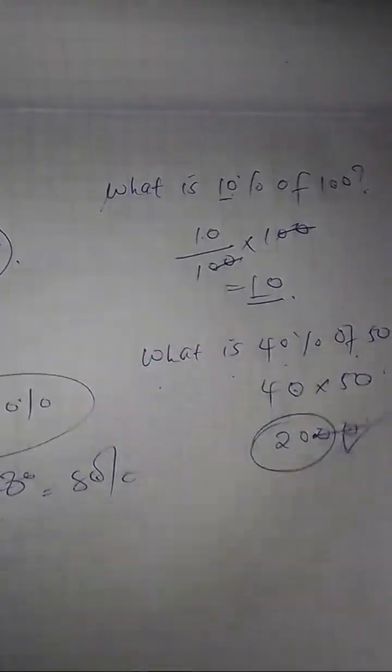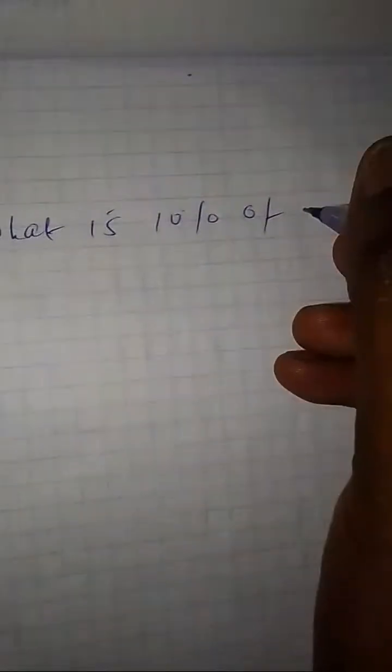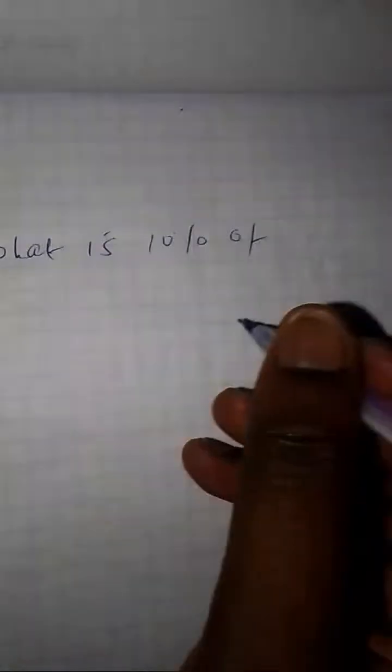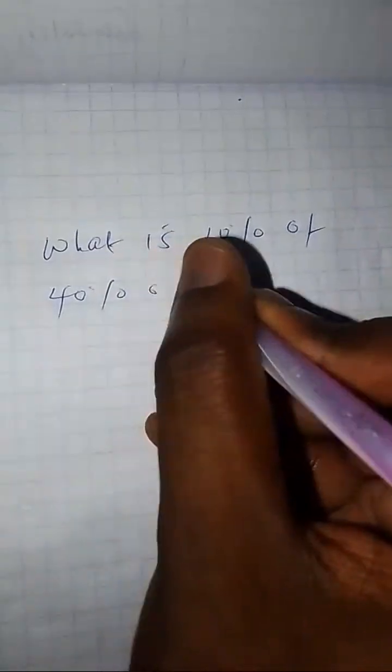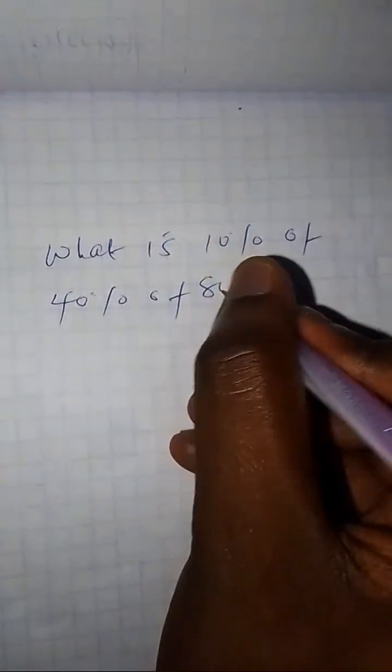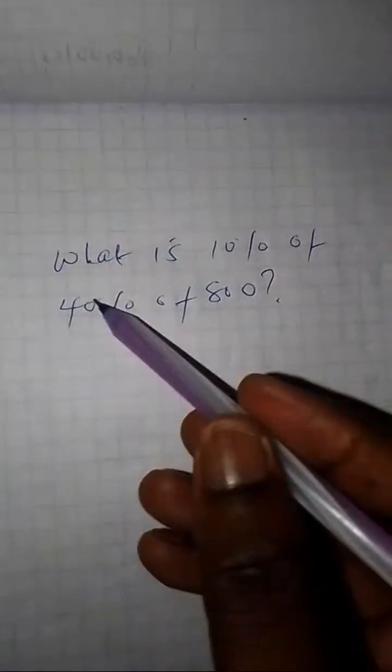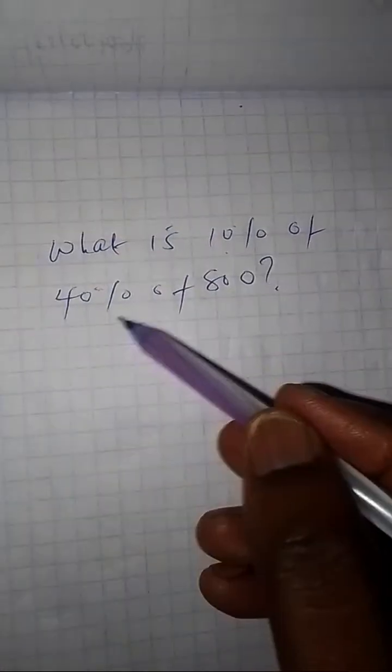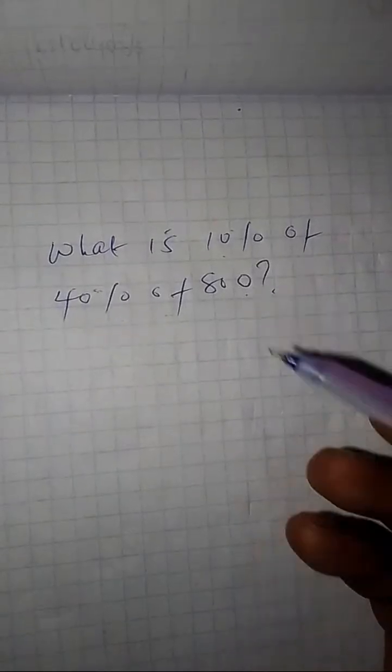Okay, so the other one says like this: what is 10% of 40% of 800?